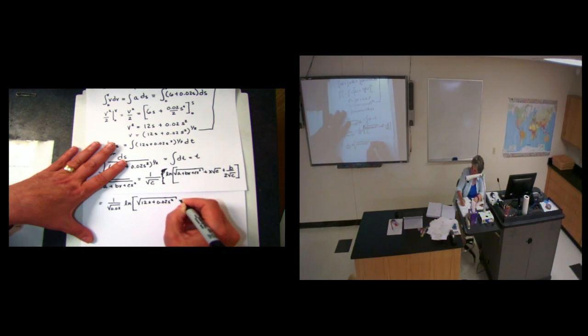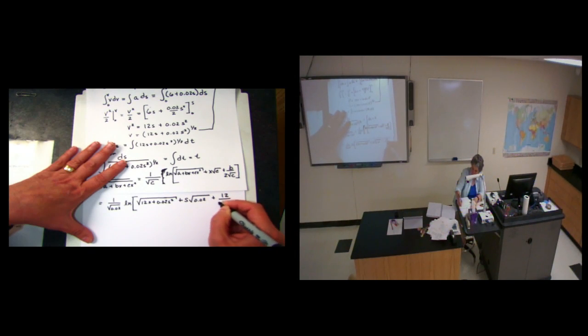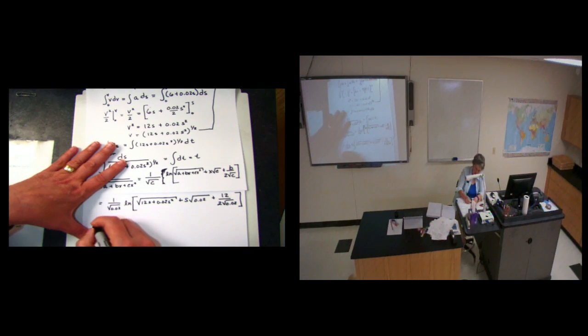So I'm going to start with ds is equal to my velocity times my change in time. Yep, on that equation, is that V minus KS? K is just a constant.